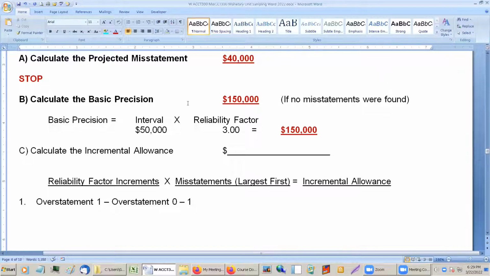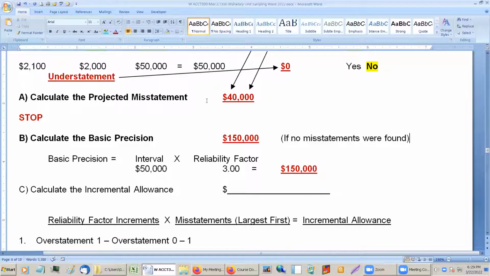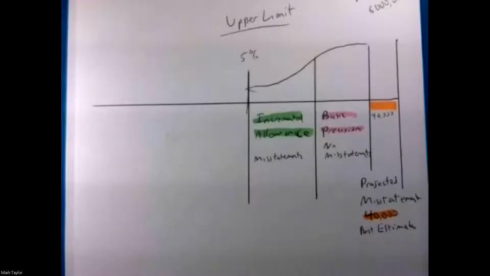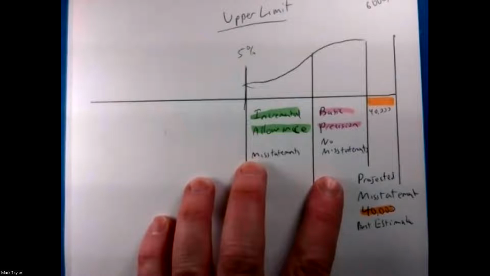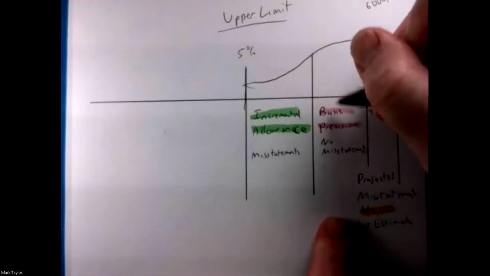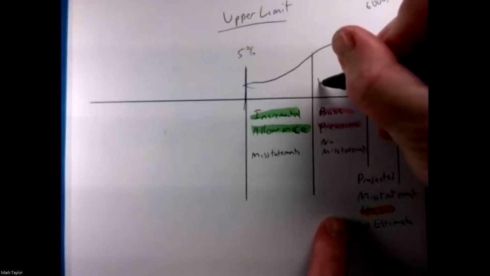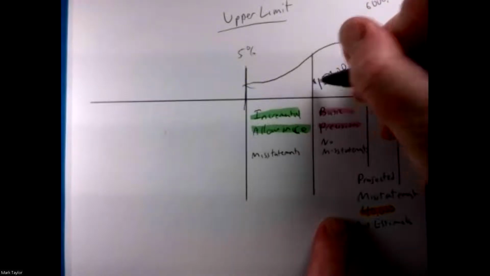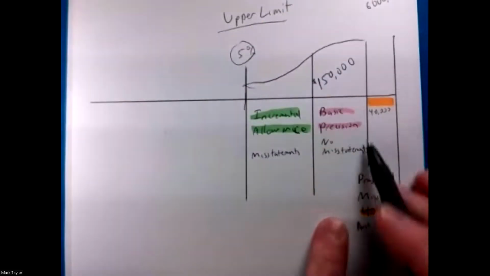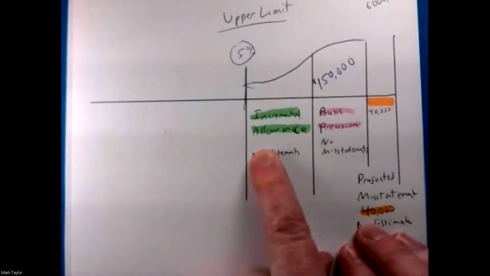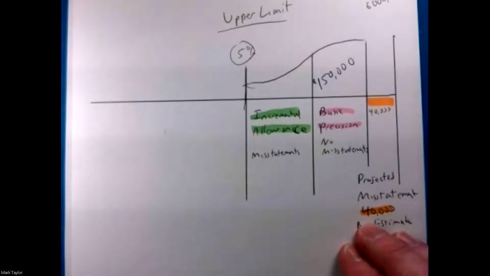So because this is a sample, it's not 100%. Our best estimate is 40,000, but it could be off by another 150,000 just because it's a sample. So with no misstatements, we would still have 150,000 of possible misstatement because at 5%, because it's a sample. Now, if there are errors found, it could be even more than that, and that's what we're going to do next.